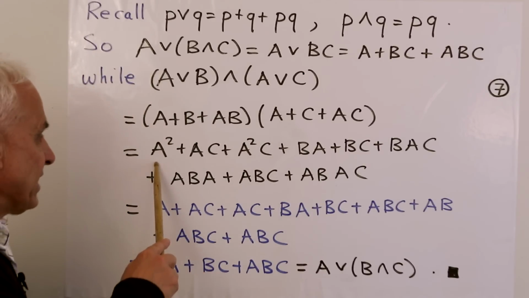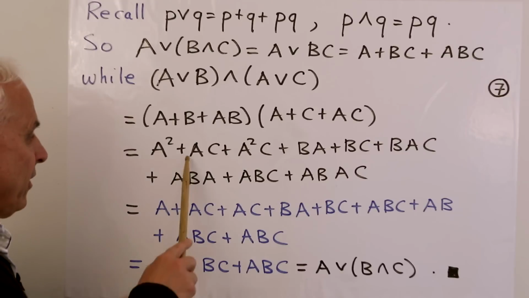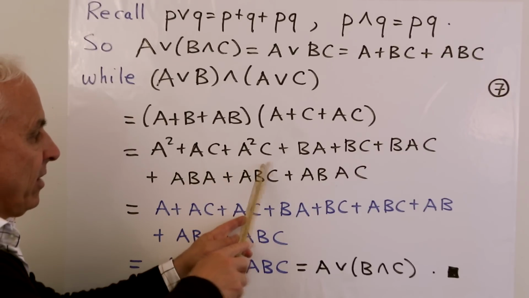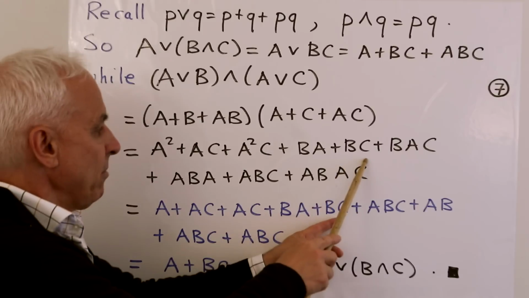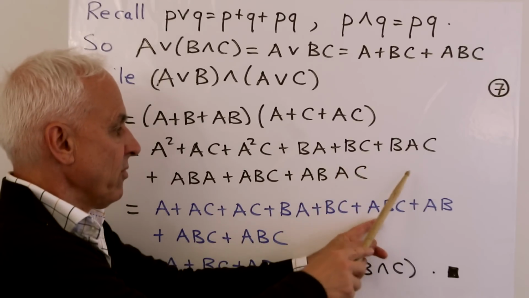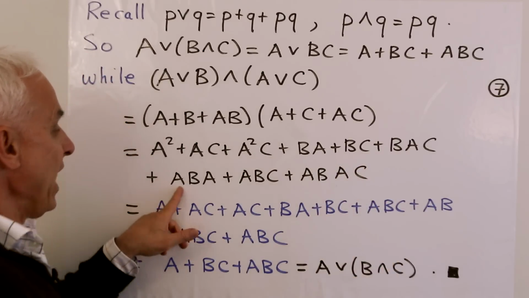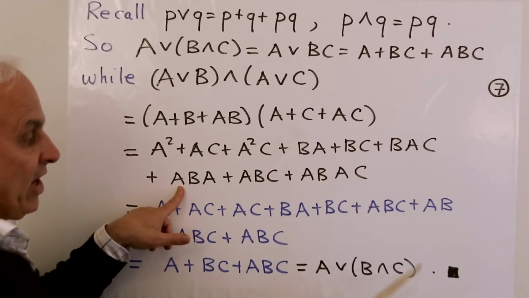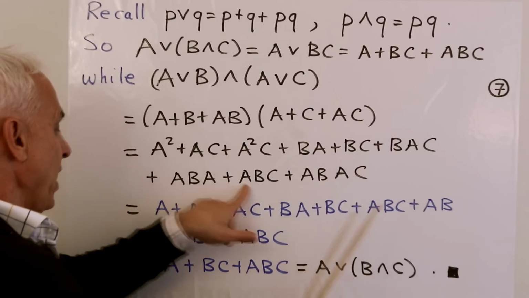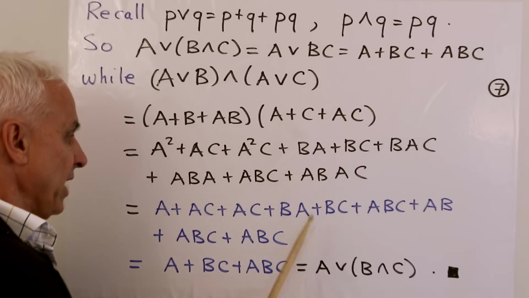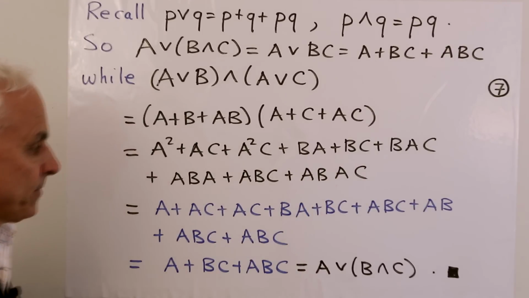That means we can replace the A squared with just an A. The A squared here just becomes an A. We get AC. This is the same. This is the same BC. This we can just rearrange as ABC. And then over here, what's this? Here's an A squared B. That's the same as AB. And then another ABC. And then here the A squared is replaced with A, so we get another ABC.